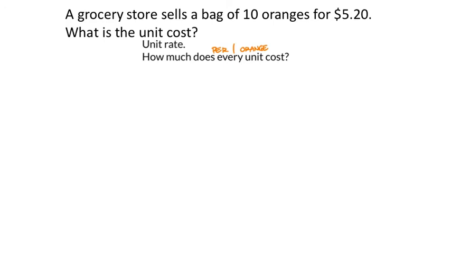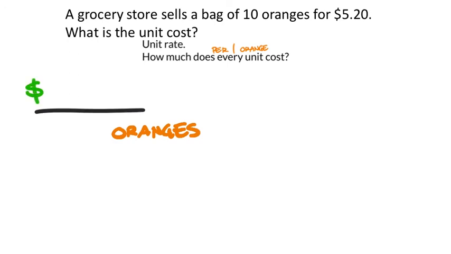In any case, this helps us to set up our fractions right here because I know we're looking for every 1 orange. That tells me that I'm going to put oranges into the denominator. And then my dollars, that's going to be in the numerator, okay? So this is the way that my rate sets up.